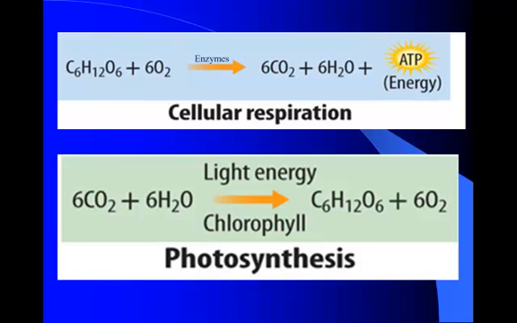C6H12O6, that's glucose. Look at the byproduct of photosynthesis. So in the green parts of any plant, they have both of these processes going on inside their cells. They have photosynthesis and cellular respiration.